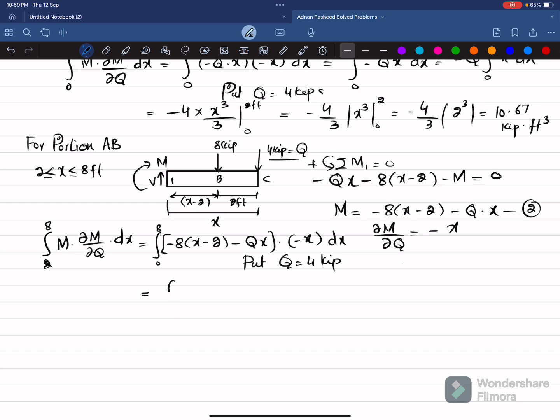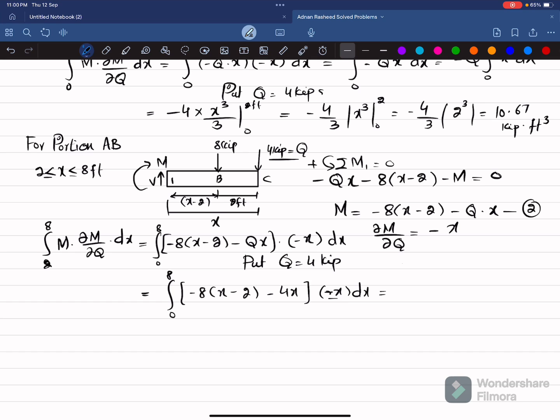So what we will get is the integral of 0 to 8, minus 8 into x minus 2 minus 4x into minus x into dx.